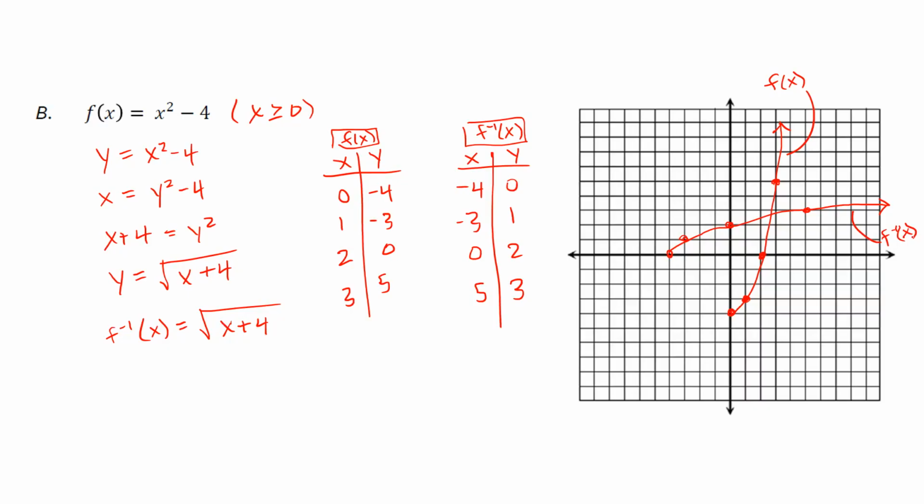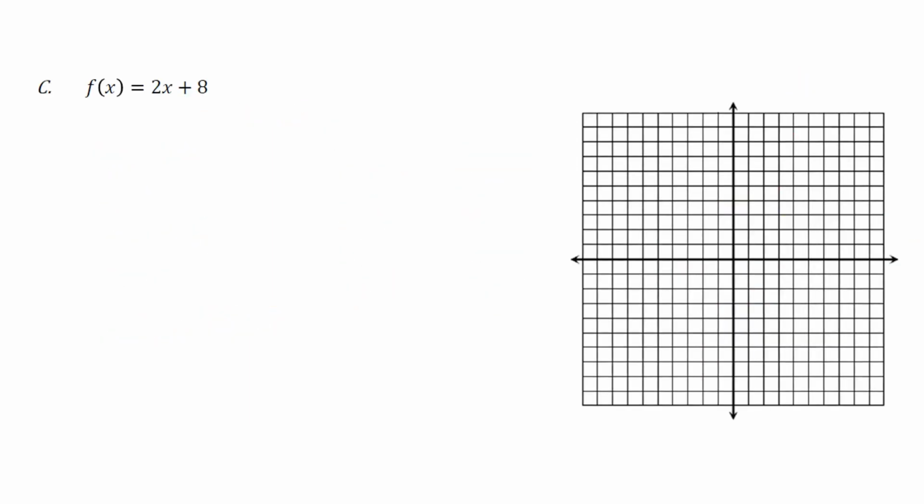All right. Let's do one more. f of x equals 2x plus 8. So let's replace f of x with y. Let's interchange x and y. Now let's solve for y. And then divide by 2.